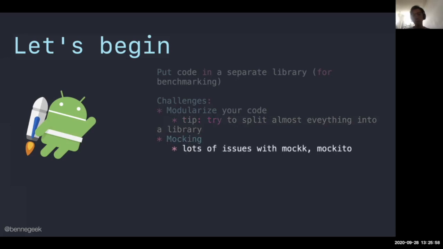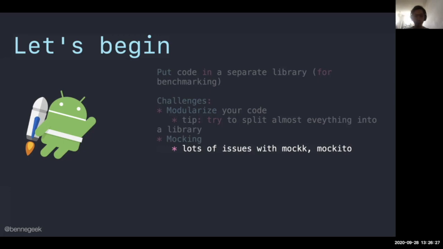Also, you want to mock some of your things. So when you run a benchmark, you don't want it to access the network. You don't want it to access, for example, the shared preferences or the disk if it gives an unstable value for your benchmark. But most importantly, to get a stable instrumentation test similar to your normal instrumentation test, you want to mock the things that you use.